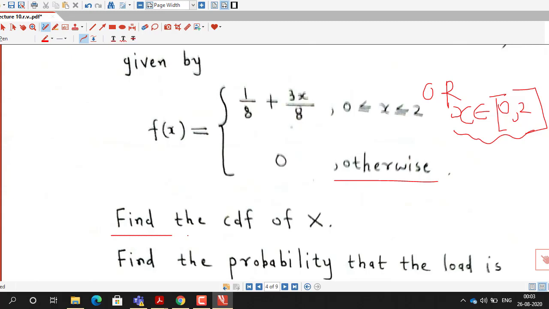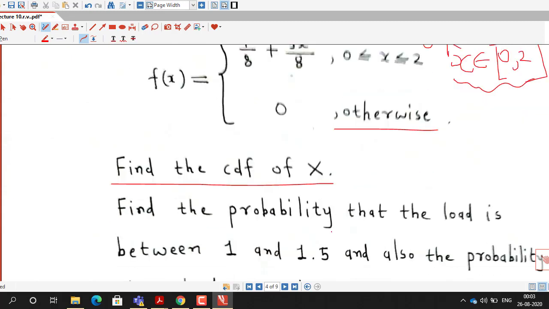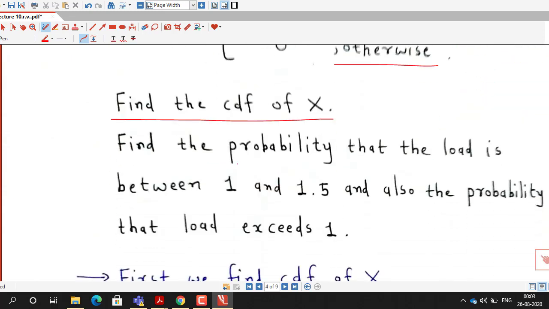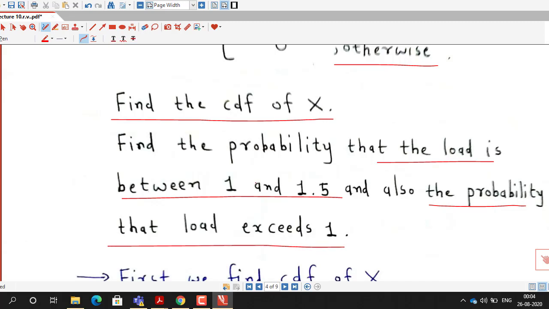So we have to find the cumulative distribution function of x. Also we have to find the probability that the load is between 1 and 1.5, and also the probability that the load exceeds 1. The probability that the load lies between 1 and 1.5 means P of 1 less than or equal to capital X less than or equal to 1.5.